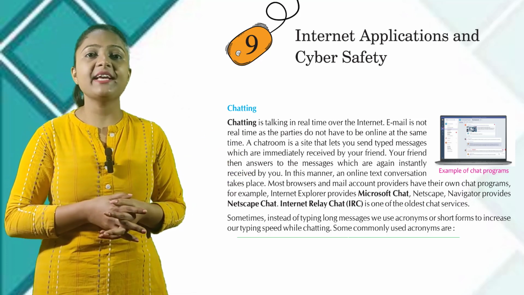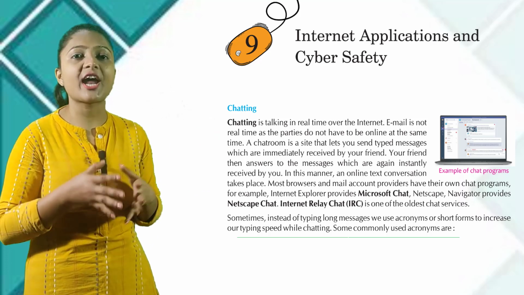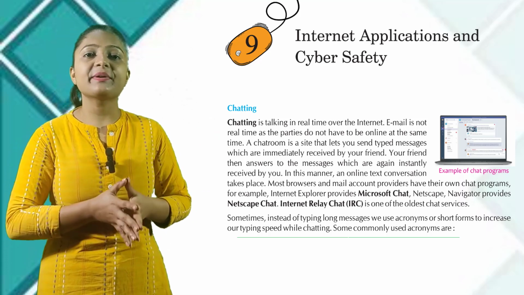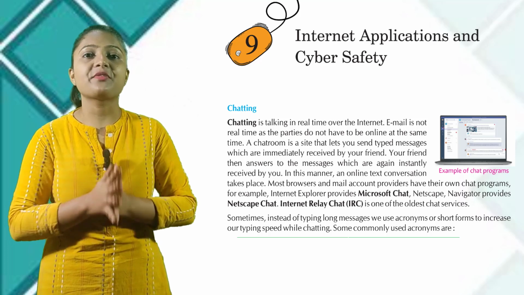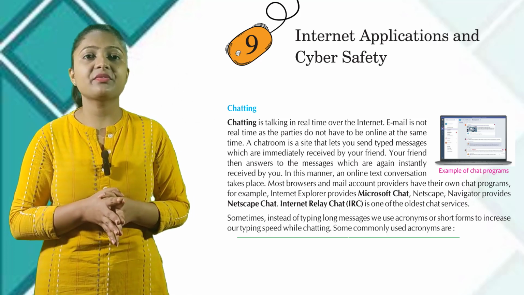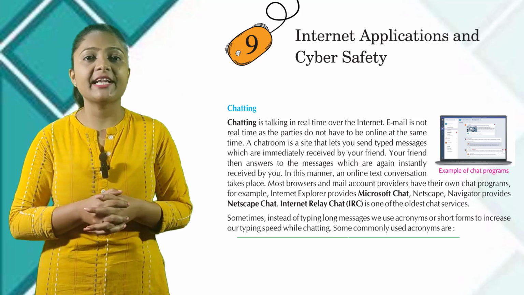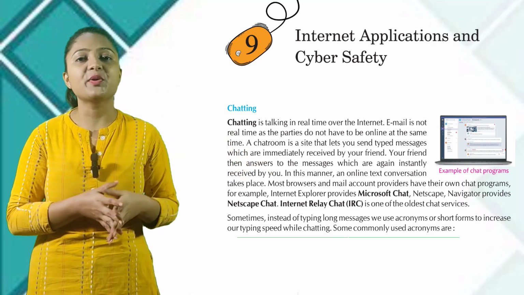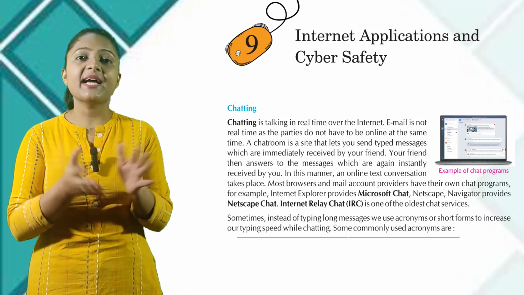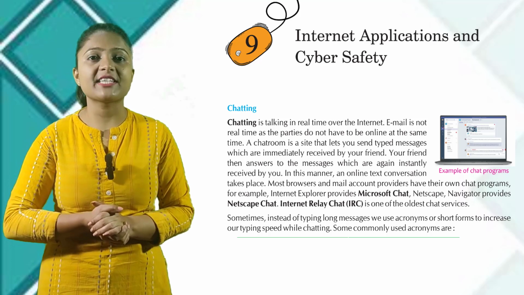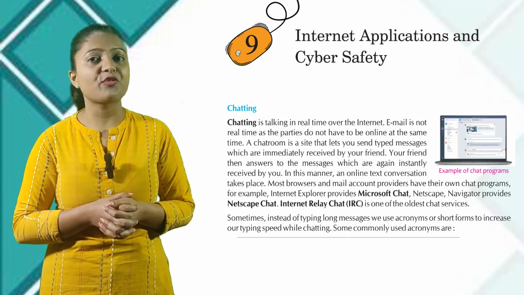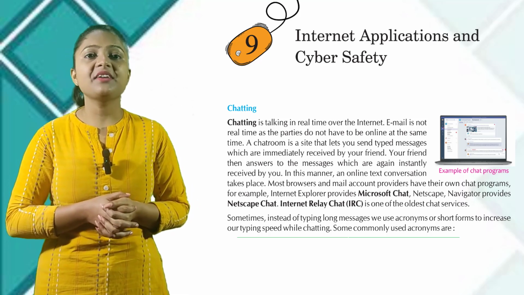Most browsers and mail account providers have their own chat programs. For example, Internet Explorer provides Microsoft Chat, Netscape Navigator provides Netscape Chat, and Internet Relay Chat, IRC, is one of the oldest chat services. Sometimes instead of typing long messages, we use acronyms or short forms to increase our typing speed while chatting.